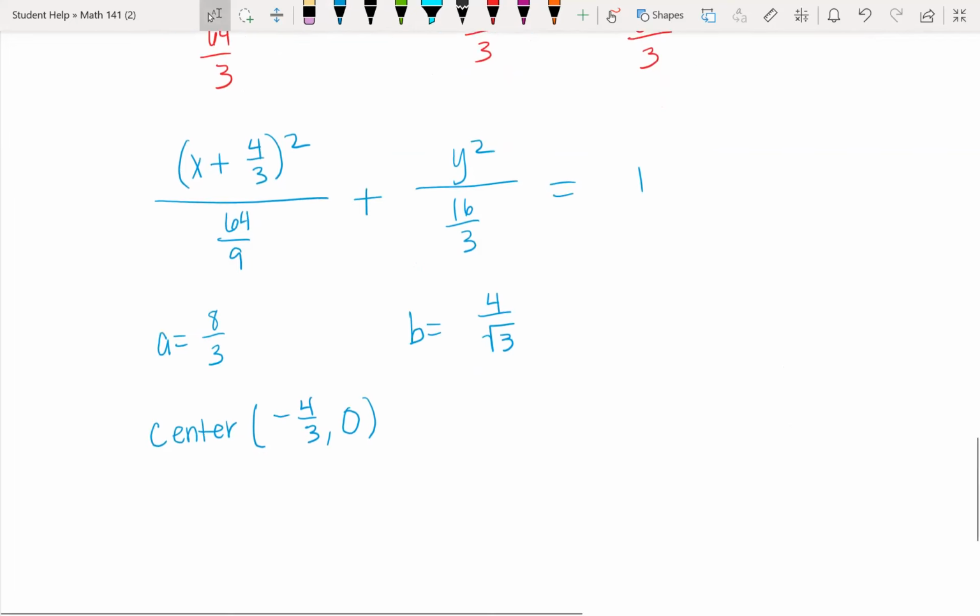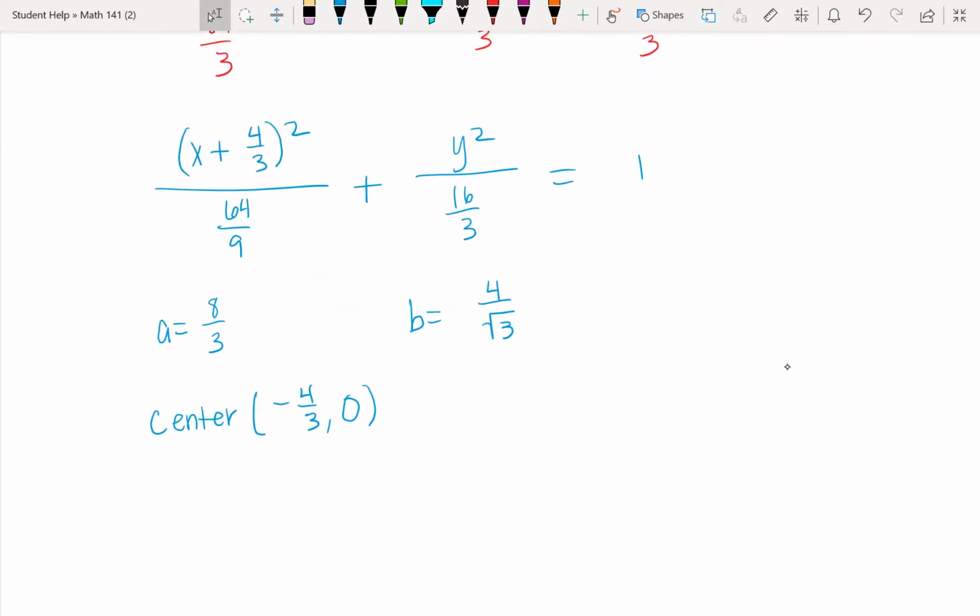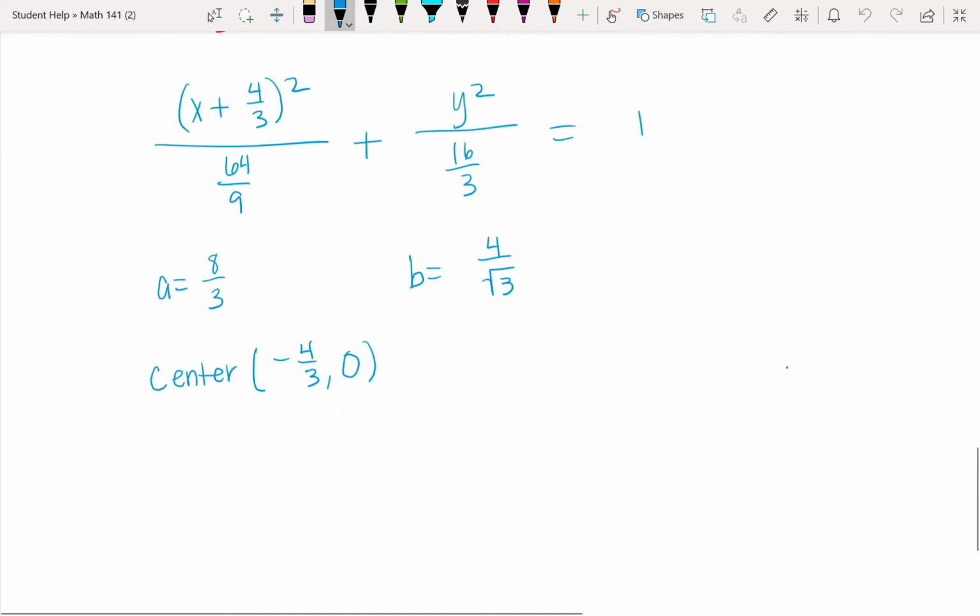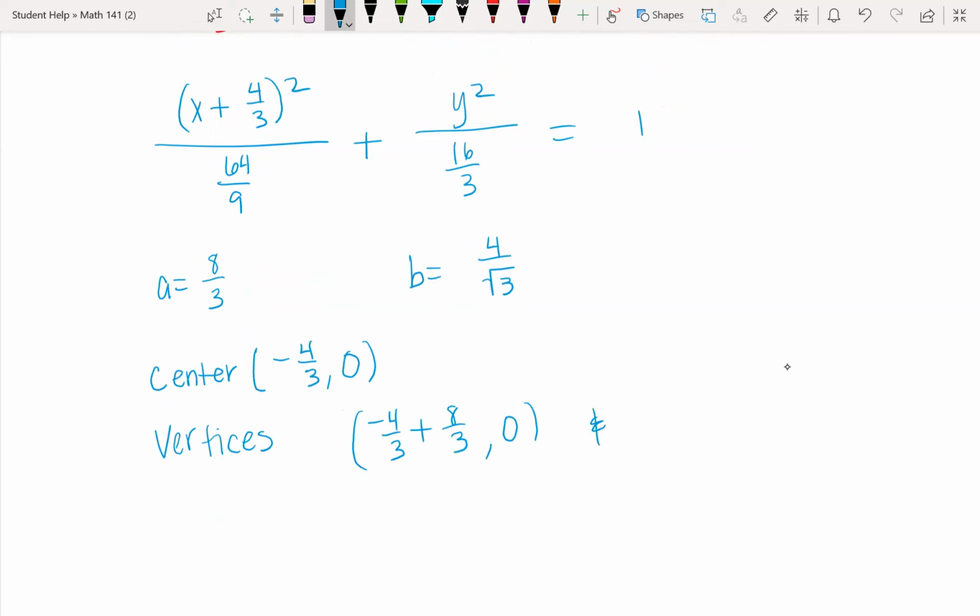Now, I know that this is elongated to the right and to the left. And so to find the vertex points, I'm going to add a to the x term. So the vertices are -4/3 plus 8 over 3 going to the right, and then also -4/3 minus 8 over 3 going to the left.